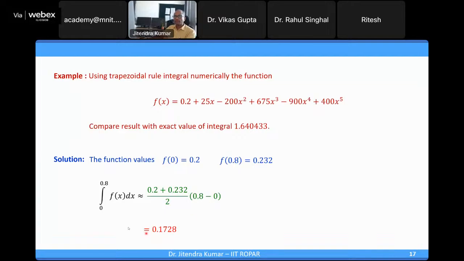The reason is very clear: you have applied this over 0 to 0.8, and all the information of this polynomial is lost. You are using only the values at 0 and 0.8. So naturally, we can't expect good accuracy. First of all, if you want to improve the accuracy, we have to divide this interval 0 to 0.8 into several intervals, and then in each we can apply the trapezoidal rule to reduce the error.